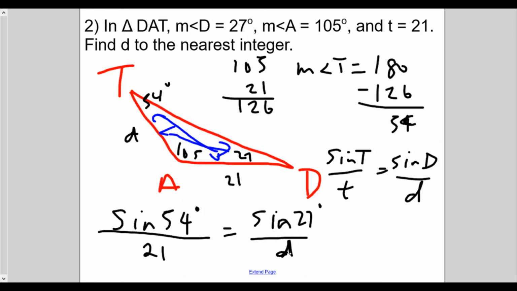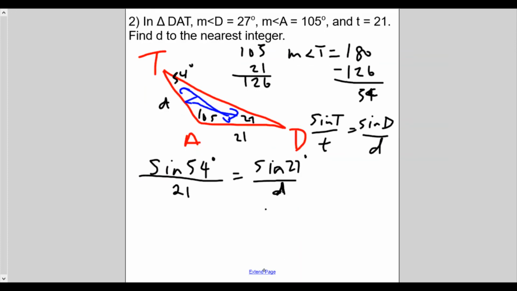We get d times the sine of 54 equals 21 times the sine of 27 degrees.